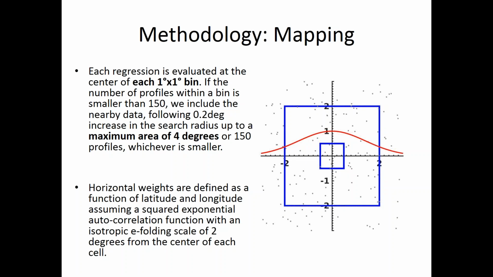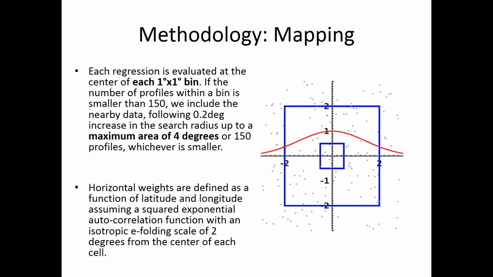So if we want to do this 1 degree bin here, we can search up to a 4 degree range for the 150 profiles nearby. And with that, we use a weighting function for the mapping that is just a squared exponential.